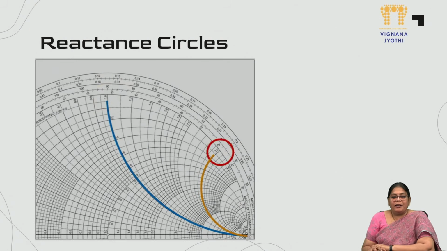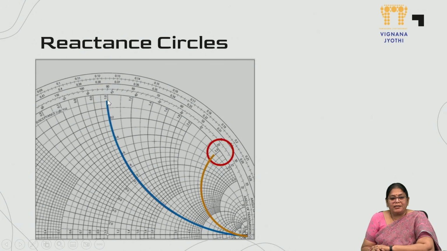Now similar to resistance, we also have reactance values. Reactance circles are something like this. Each reactance circle starts from the resistance axis and goes all the way towards the end of the chart. These are two reactance curves ending at two different points. For example, this is ending at a point of 1 and this is ending at a point of 3.